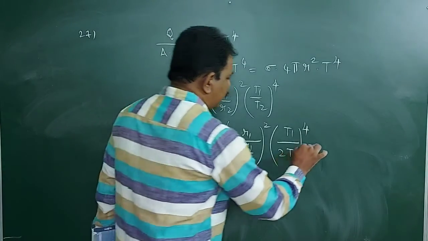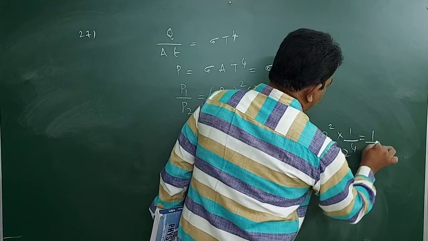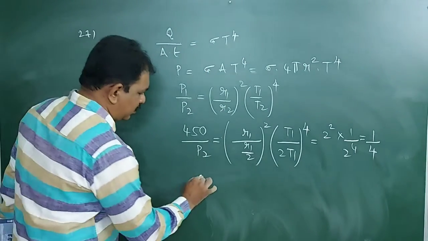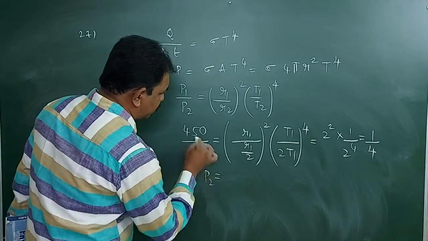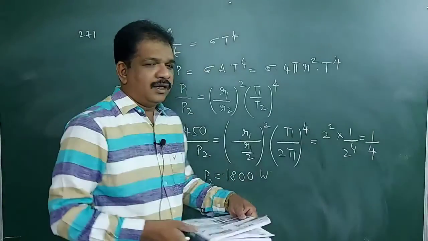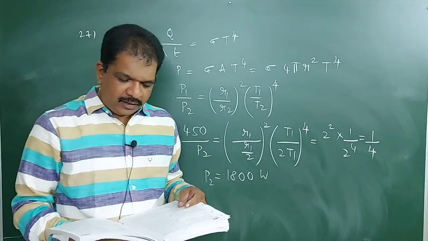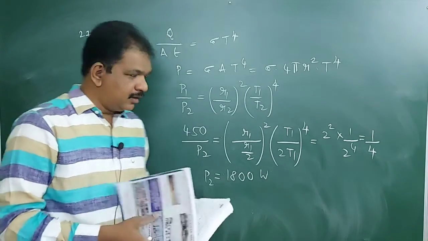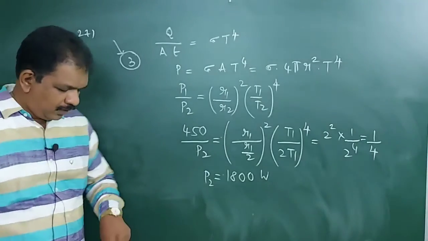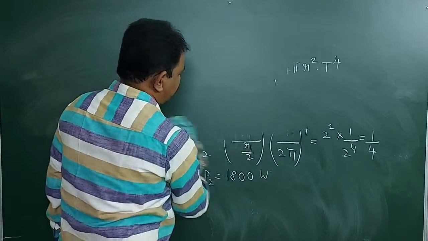So this value 2 square by 2 power 4. 1 by 2 square is 4, 2 square will remain. P2 is equal to 1800 watt. Okay. So 27, it will be the third option. Clear? Next, 28.